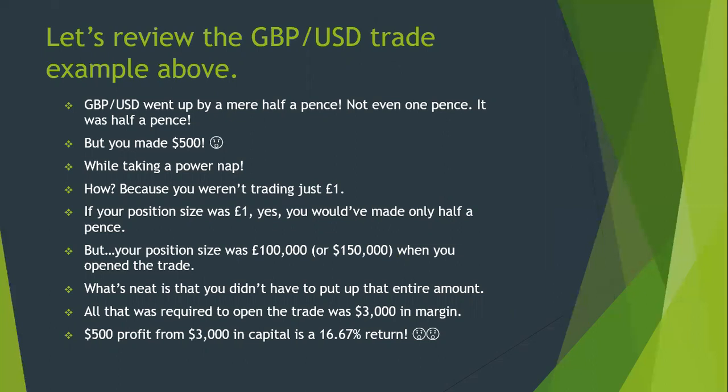How? Because you are not trading just 1 pound. If your position was 1 pound, yes, you would have made only half a pence, but your position size was 100,000 pound units, or 150,000 USD when you opened the trade.